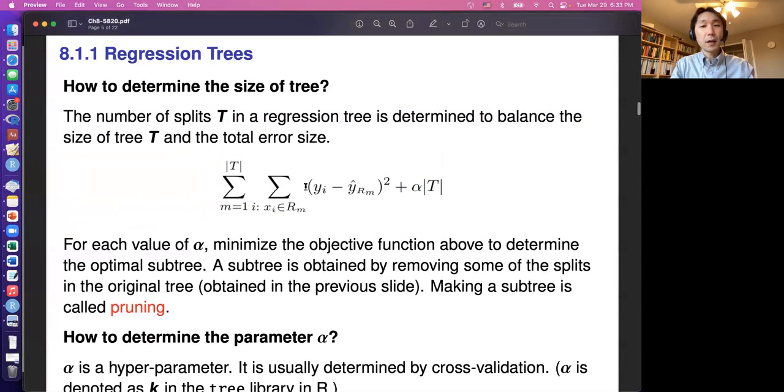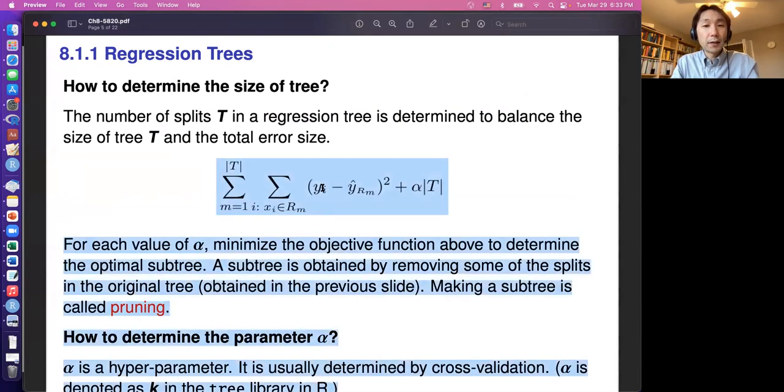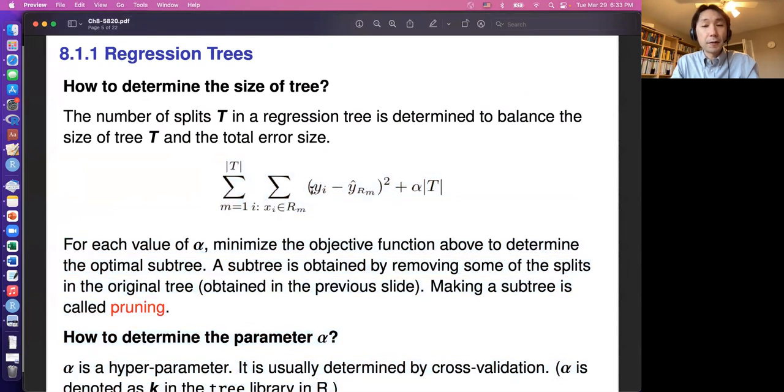And here, yi minus y hat, so this is basically the squared error, the squared residuals. The squared residual is the basic thing for regression, but we also penalize the size of the tree.